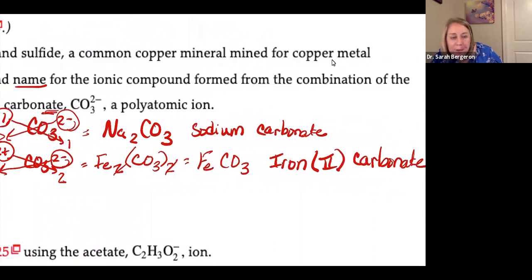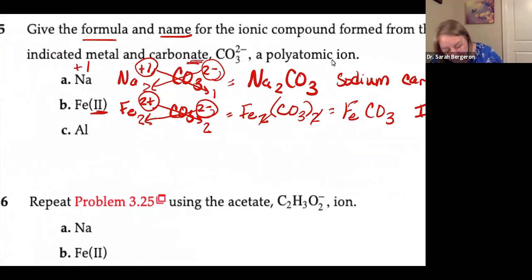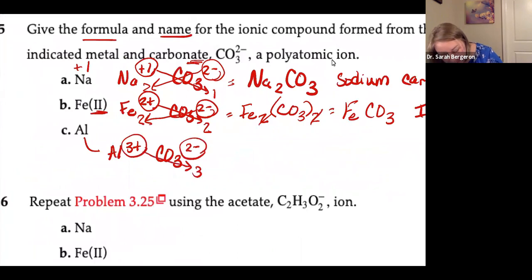Right? All right. Aluminum. Aluminum is Al3+, and we're going to put carbonate, CO3, 2-. We're going to crisscross them. And I get Al2, I have a poly, so I'm going to put it in parentheses, 3.